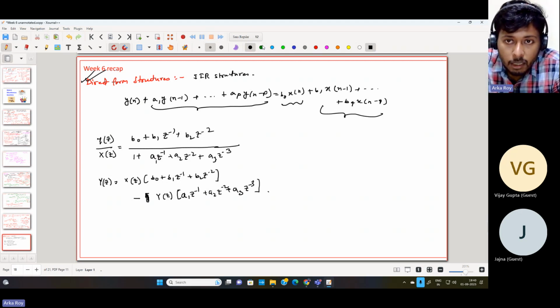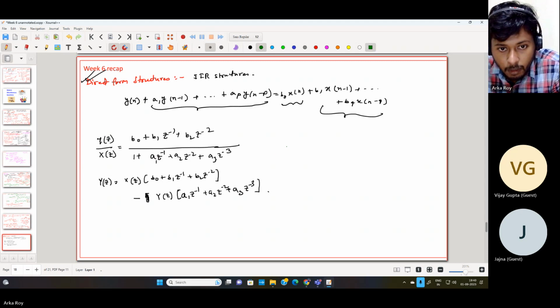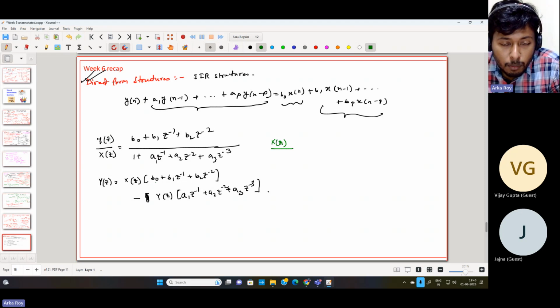Now let's start drawing the filter structure. So let's consider this x of n, and it is initially multiplied with b naught.